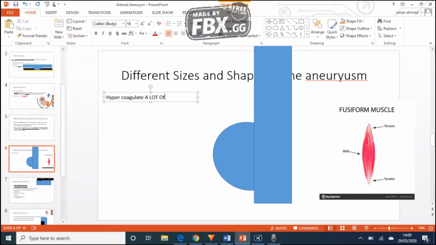When there's damage to endothelium, slow blood flow, or stasis. And I believe there's going to be a third reason, which is not coming to my head right now, a hypercoagulable state. Okay, so these are the three main reasons. So obviously in this scenario we have this one. So there's going to be slow blood flow. There's going to be really no blood flow over here. Can lead to thrombi.